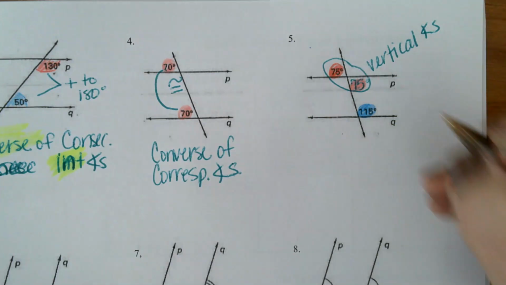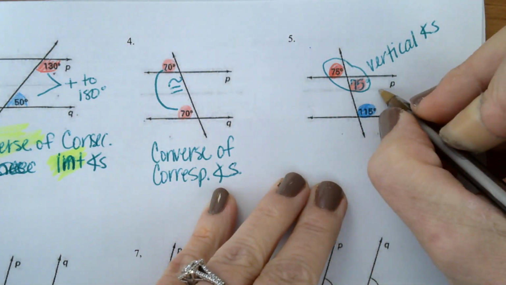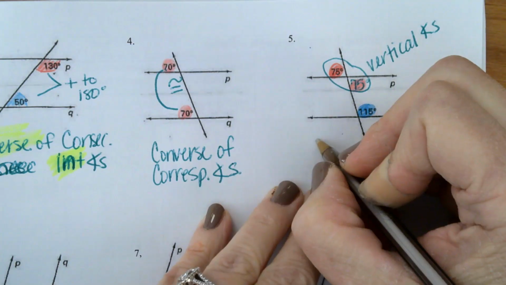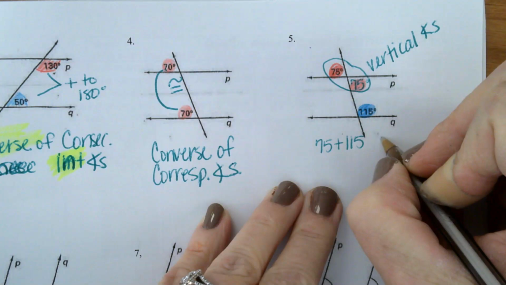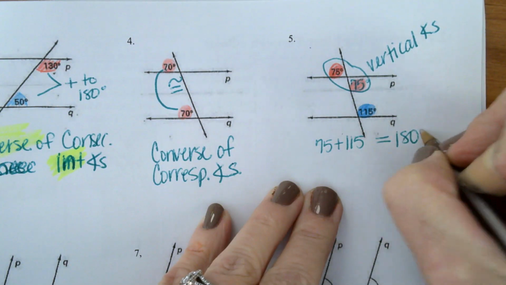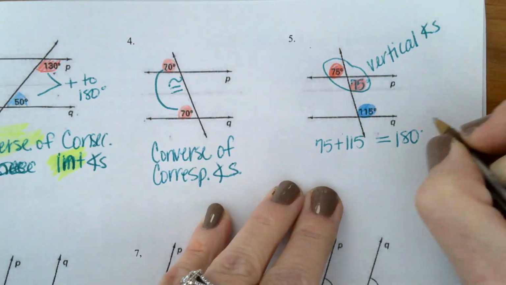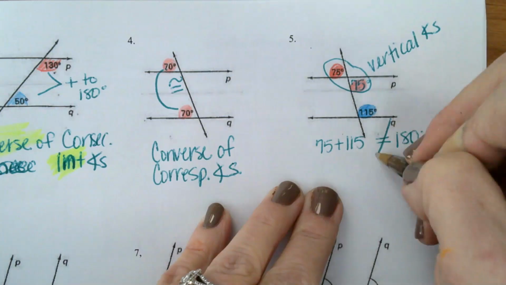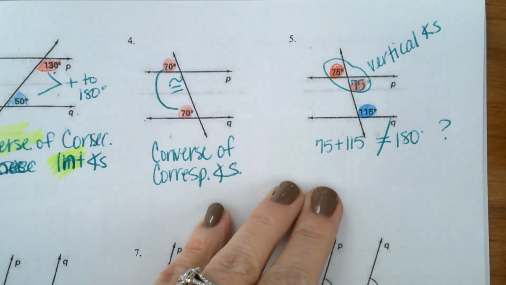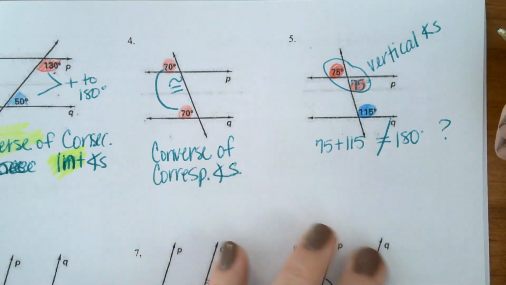Okay, so our job is to figure out if they add to 180. Well, what do you think? 75 plus 115. Do they add to 180? Is that true? No, it is not. In fact, what is it? It's 190, right? They don't add to 180.